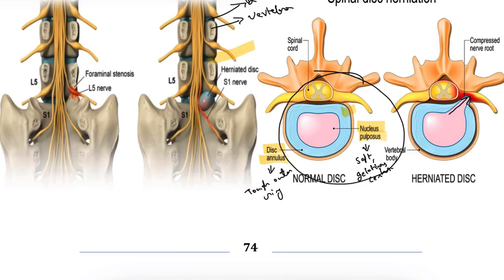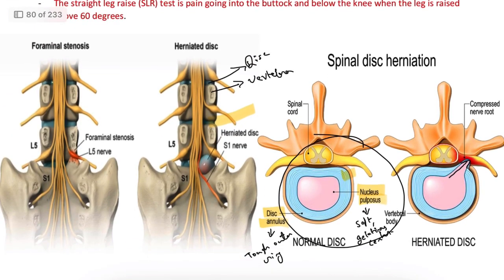Now the pathophysiology: when a disc herniates, especially in the posterolateral direction, it compresses the nerve root just below the affected disc level. This is because the posterior longitudinal ligament is thinner than the anterior one, making posterolateral herniation more common.